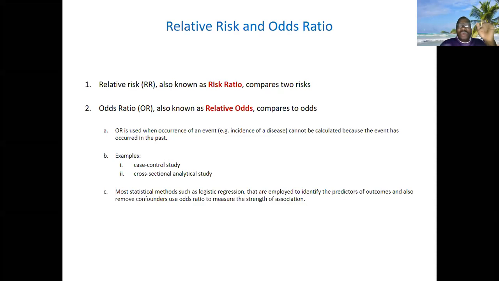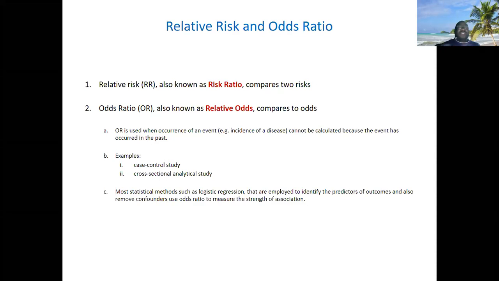Okay, let's just continue. So in the case control study, odds ratio rather is used in situations where you cannot calculate risk. You can also use it when you can calculate risk, as I've said.